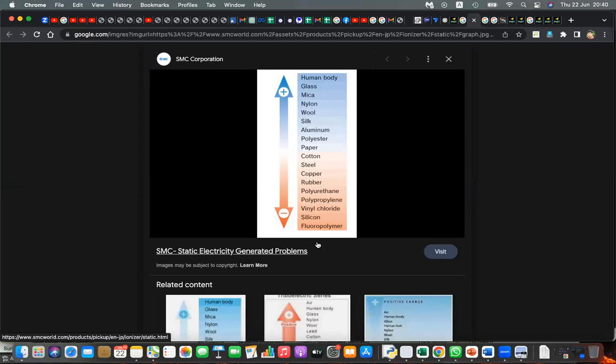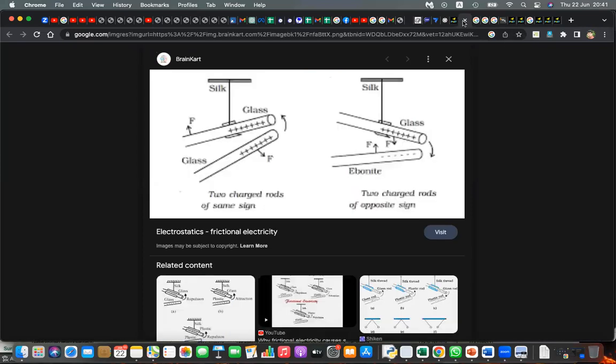So for example, we can take glass and silicon or polythene, which will attract, because glass has a higher tendency to be positive. Likewise with PVC, we need to see how it is charged. Basically, this makes a glass and PVC.